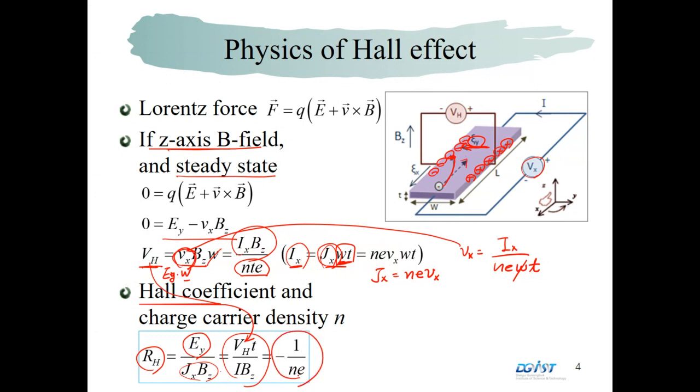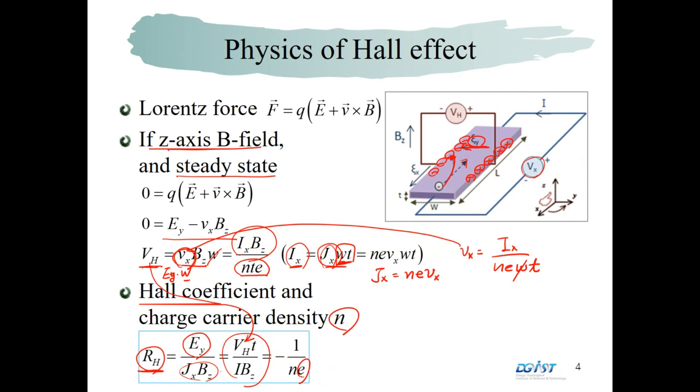The important thing is that n is the charge carrier density, and actually this is the Q, charge. So by measuring the Hall coefficient, we can determine the charge carrier density, how many charge carriers are in your sample. That's very important in semiconductor applications.